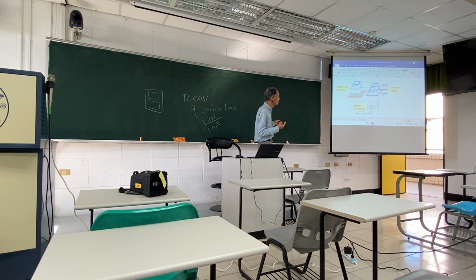Based on the feature map here, we can do the prediction. Predict what? Predict the class and the bounding box. So you will do the prediction in each resolution here. That's how you handle the changes of the scale.